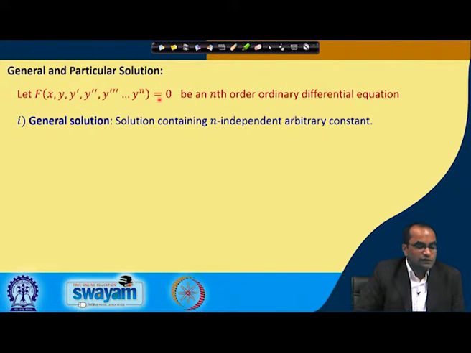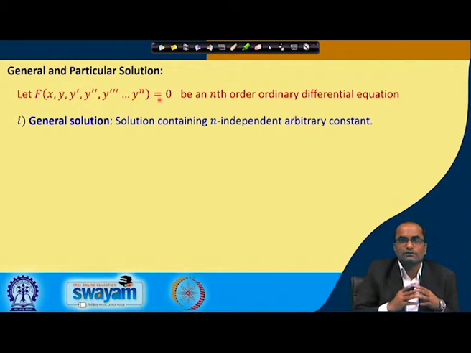What do we call the general solution? It is a solution containing n independent arbitrary constants. In the previous slide, what we observed is that we started with a 2 parameter family of curves, and the corresponding differential equation was a second order differential equation.